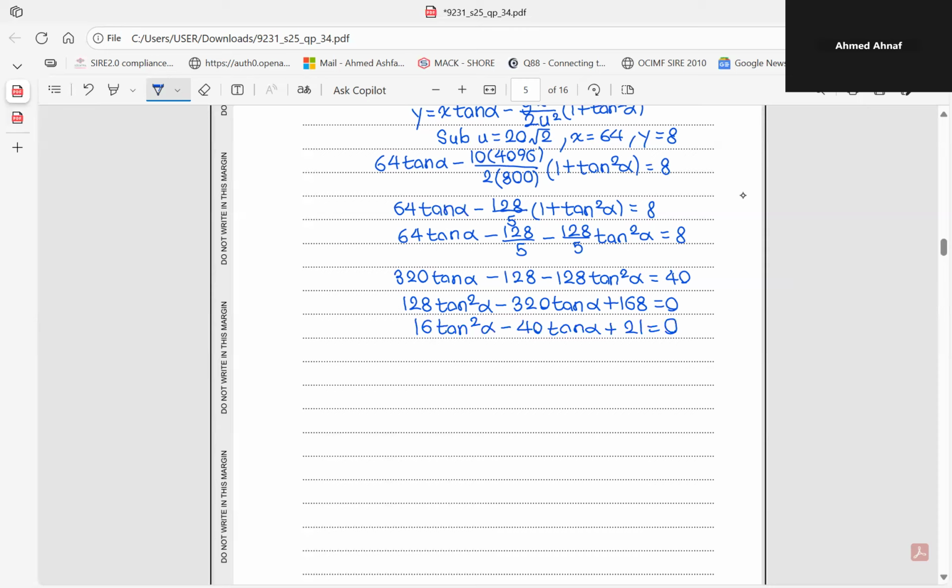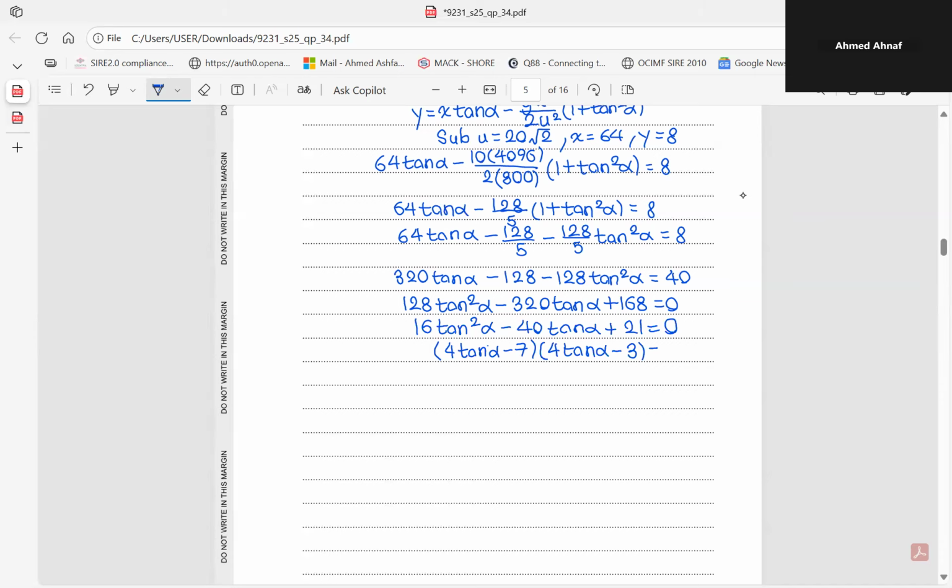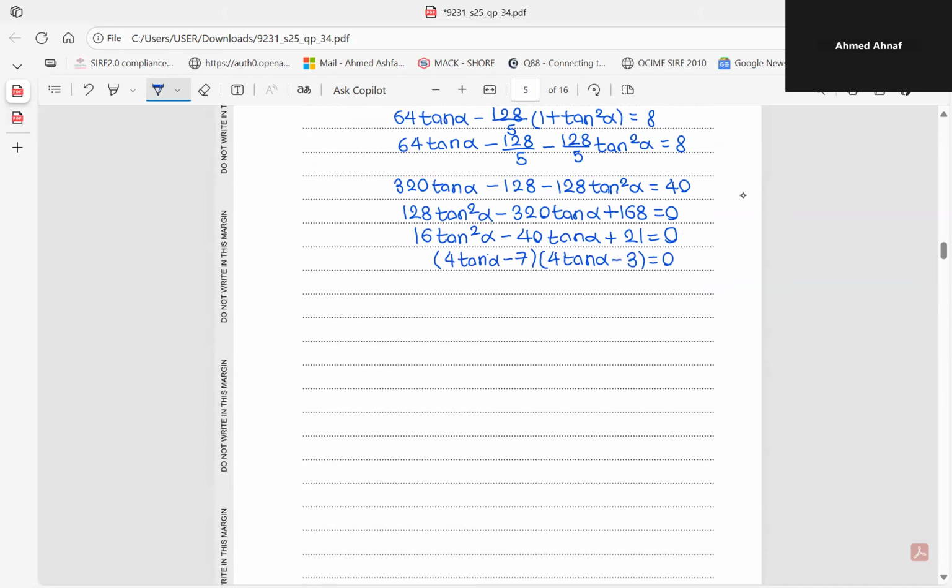Now let's try factorizing this equation. So 16, minus 40, 21. You will get 4 tangent alpha minus 7, and also 4 tangent alpha minus 3 equals 0.